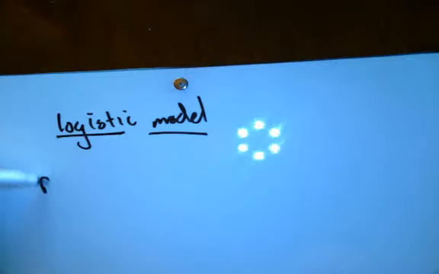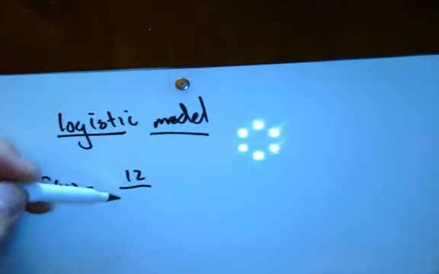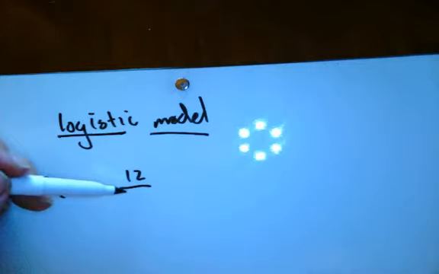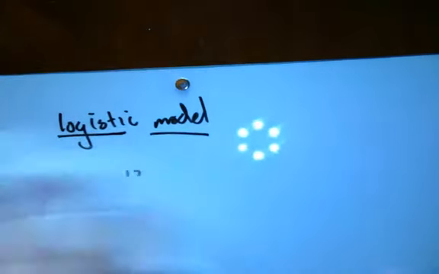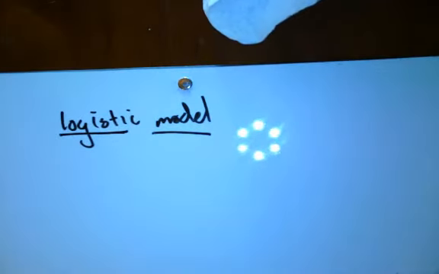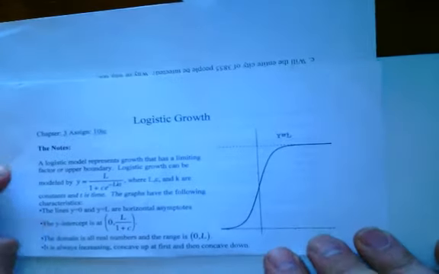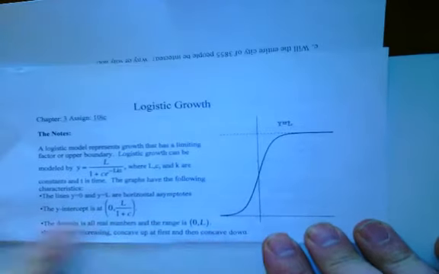And a logistic function comes in a form that looks like this. f of x equals 12 over... well, let's start with the general case. I'm sorry, here's the one I wanted to show you.